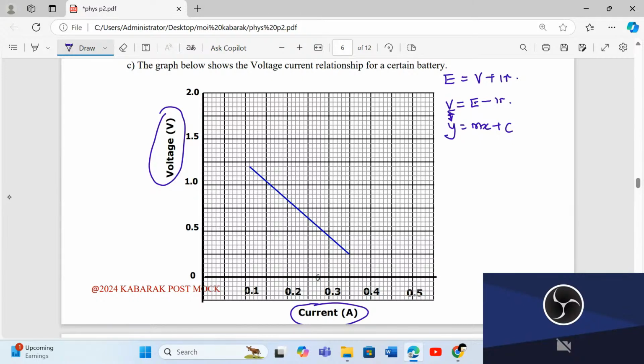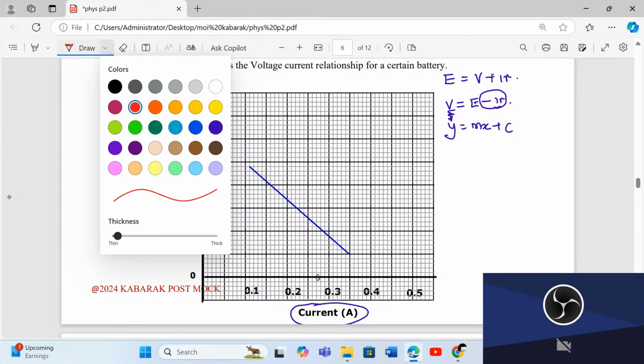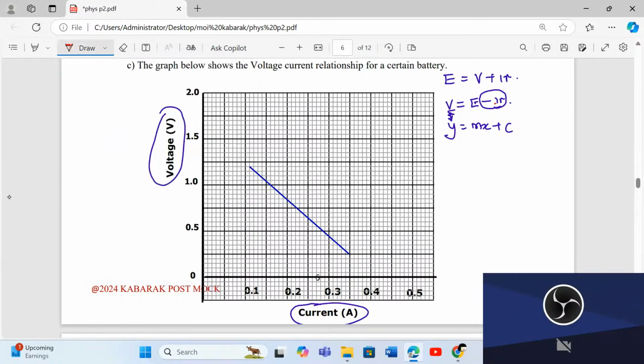We can see the quantity on the x-axis is current, then the value with current is negative r, meaning that our I will represent our x, then our negative r will now represent m.